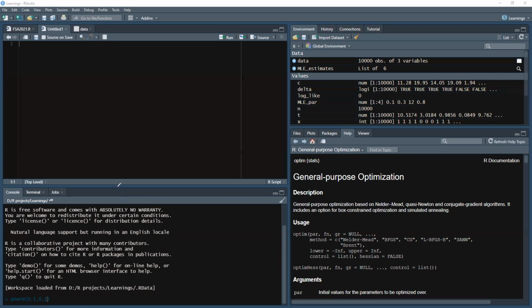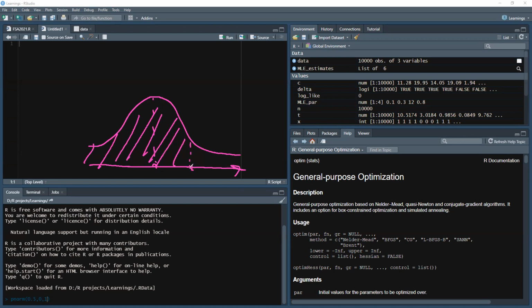If we put lower tail true, then it will give us values that lie to the left of our given point here. If we put lower tail false, then we are working with the right tail and it will calculate the probability that our random variable is greater than this value here.